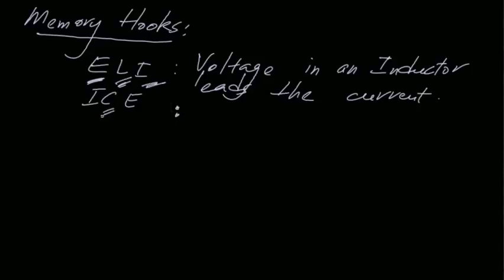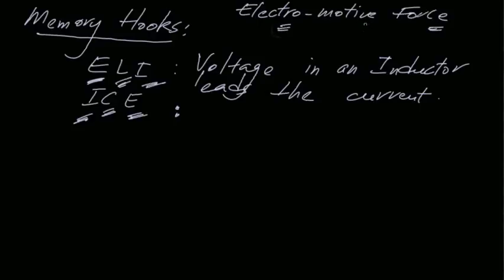Now across the capacitor, and the C here is to remind you that it's a capacitor, the current in the word ice comes first and the letter E comes last. Now remember, E stands for voltage. E actually is the old word for voltage, which is called the electromotive force. This is a force that sets electrons in motion.